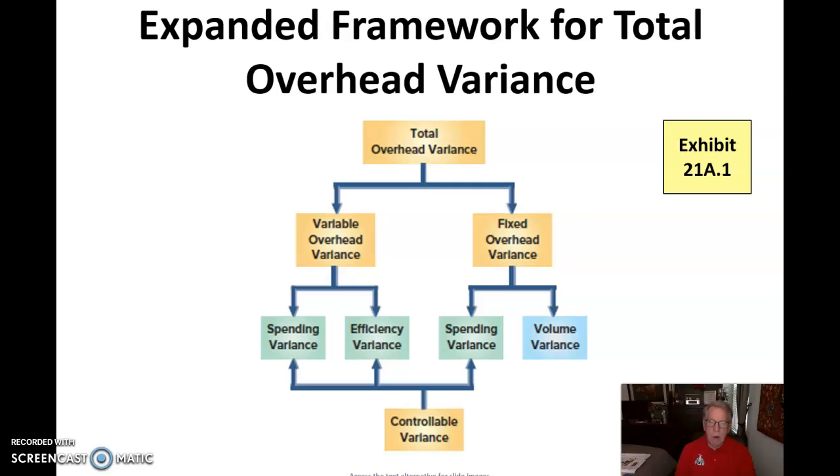So now we're going to split out this variable overhead variance into spending and efficiency variances, and we're going to split out our fixed overhead variances into a spending variance and a volume variance. So spending and efficiency, spending and volume. And what we can control, the controllable variance that we calculated previously here, are these three pieces.